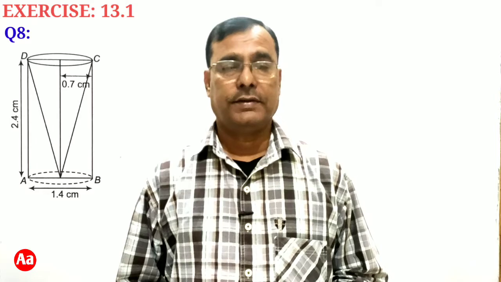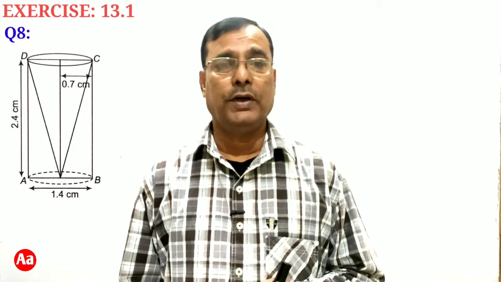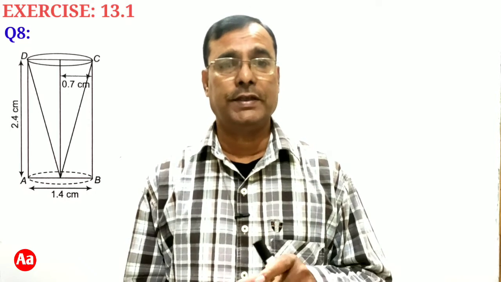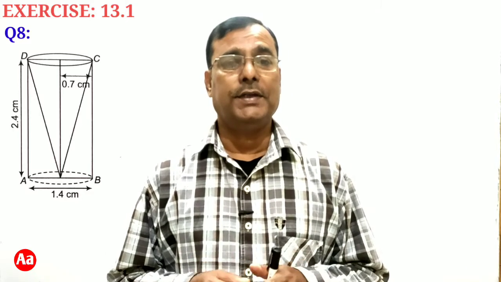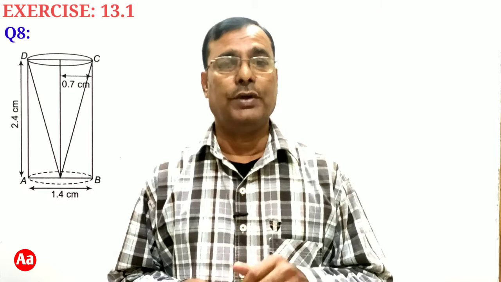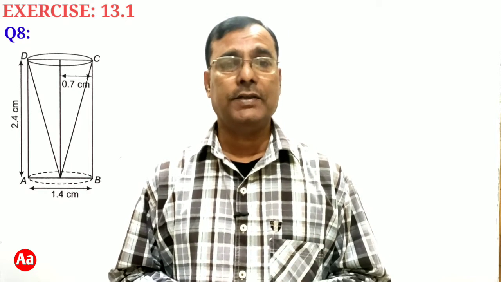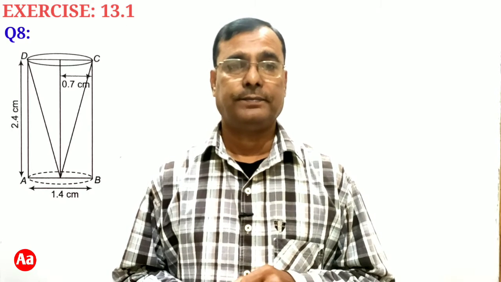Question number 8. From a solid cylinder whose height is 2.4 centimeter and diameter is 1.4 centimeter, a conical cavity of the same diameter and same height is hollowed out. Find the surface area of the remaining solid to the nearest centimeter square.